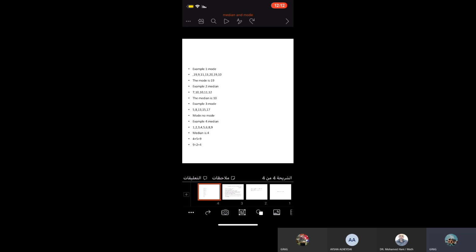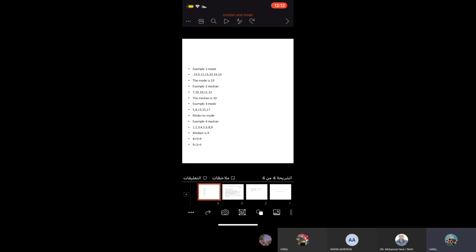Did you understand the first example and the second? Yes. Okay. Third example. We have 5, 8, 13, 15, 17. We don't have mode because there's no repeated number. We don't have frequent number. Okay. Example 4.